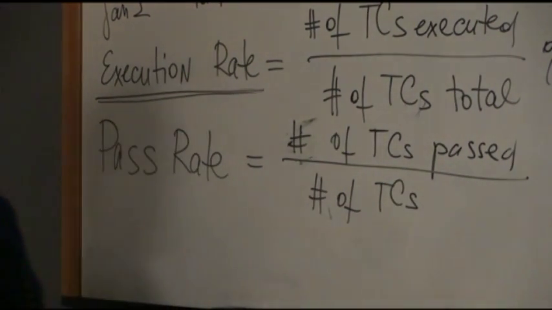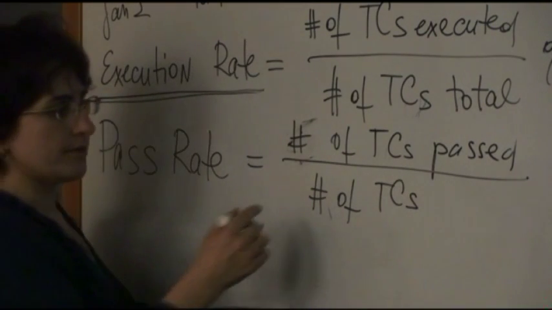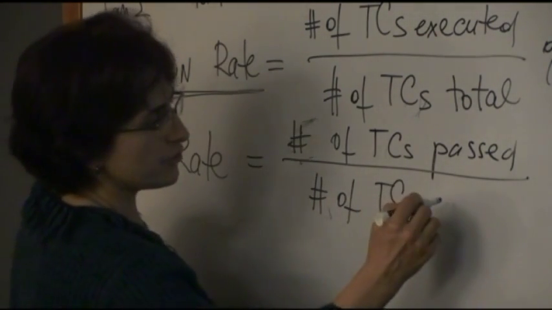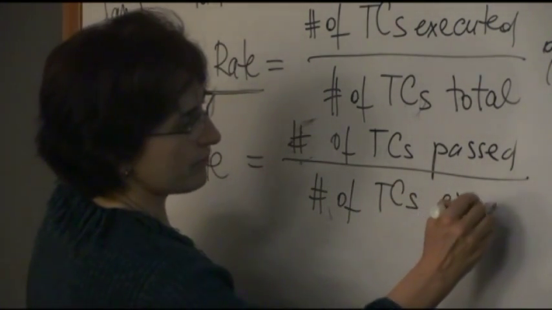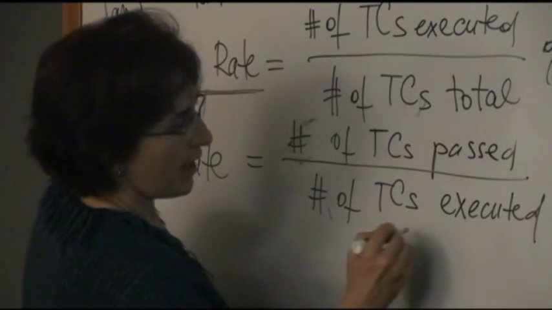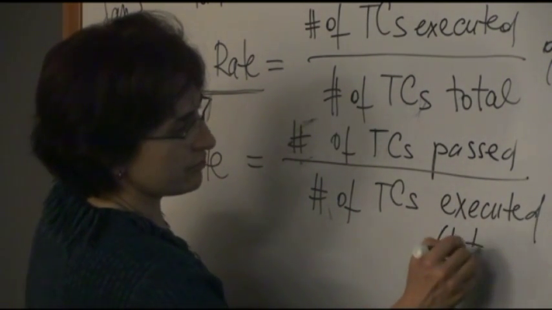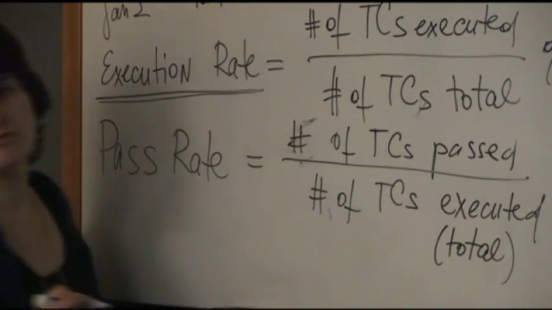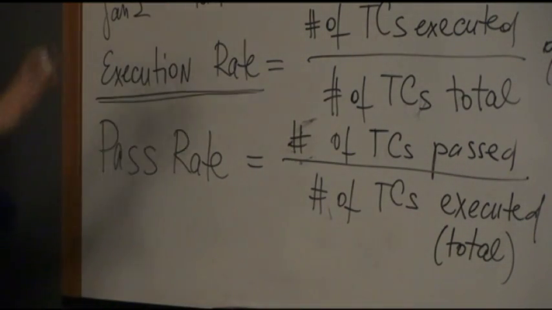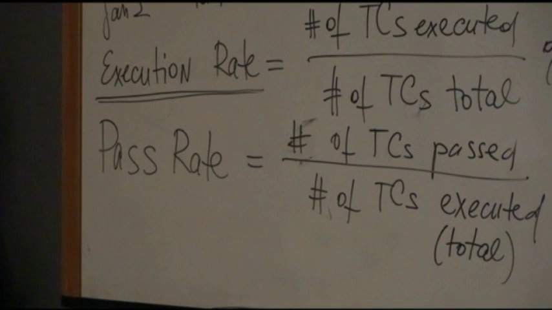Different companies, I've seen different companies using different data here. Some companies divide by the number of test cases executed, and some companies divide by the total number of test cases. Eventually, all these numbers will come to the same statistics, and it will give you the same trend.